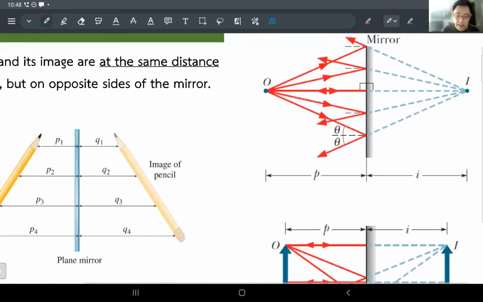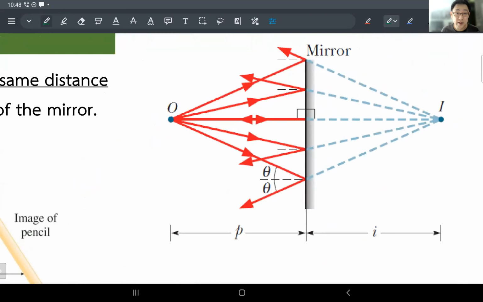When you have just a plane mirror, it's simple because you look at yourself in the mirror all the time. Whatever distance you're standing in front of the mirror, let's say the distance is P, you can tell your image is exactly the same distance behind the mirror. The P that we're going to use here represents the object distance. The I that we are going to use represents the image distance.